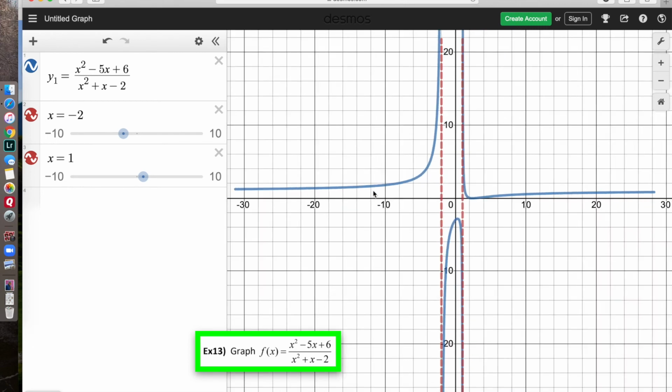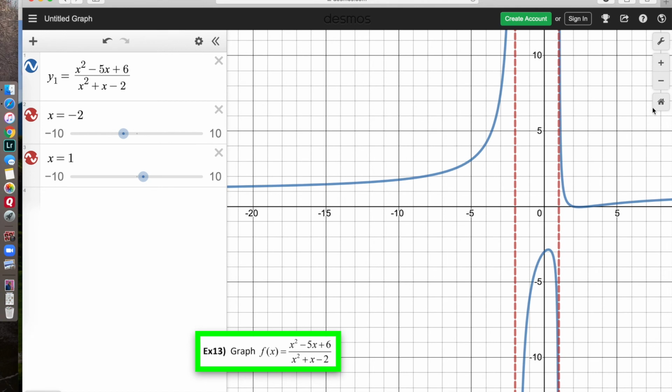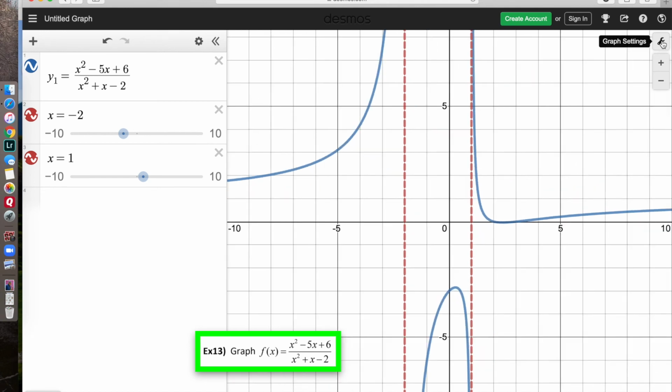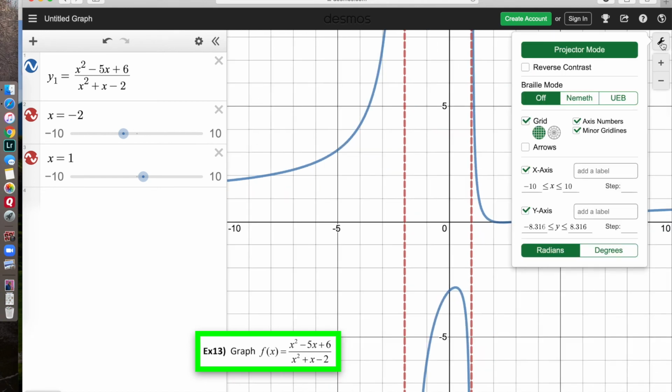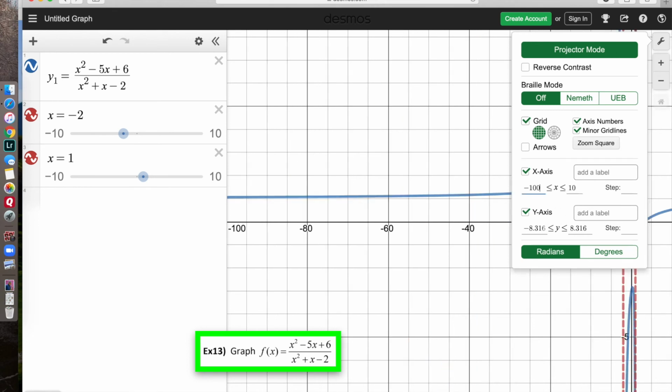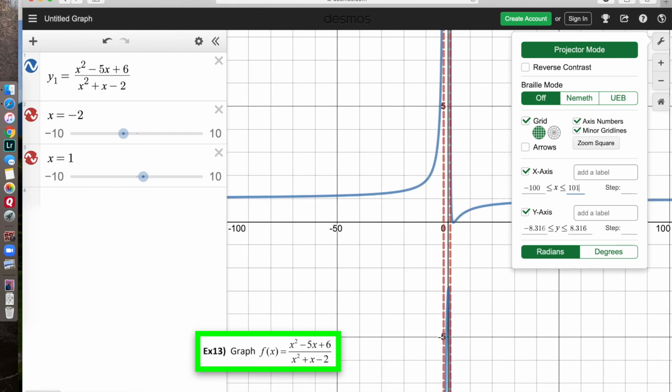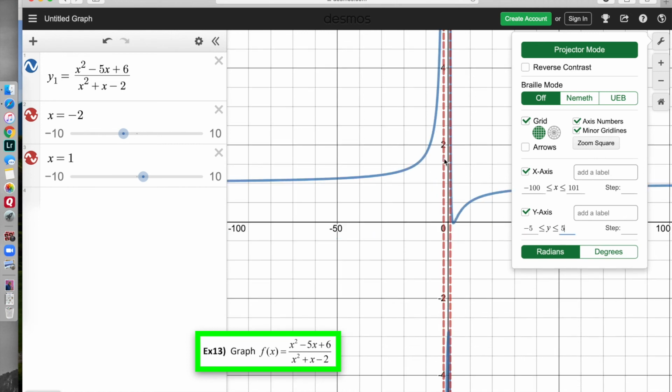And so it might help me to go back to home and keep my y values the same here, but change the x values to really big numbers so that I can see. I might even change my y values to -5 to +5.